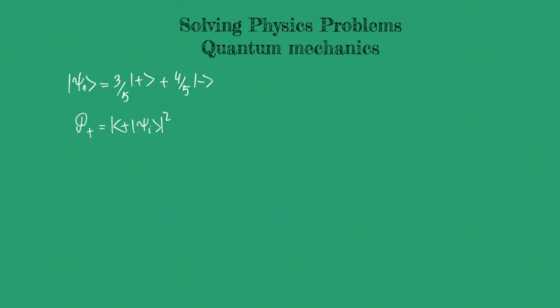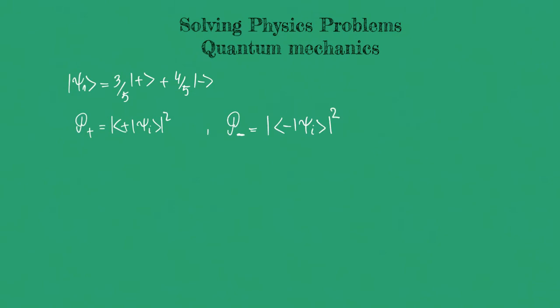On the other hand, if you were interested in calculating the probability of finding spin down, we have to do it in a similar way through this equation here, p minus equal to the modulus squared of this inner product.